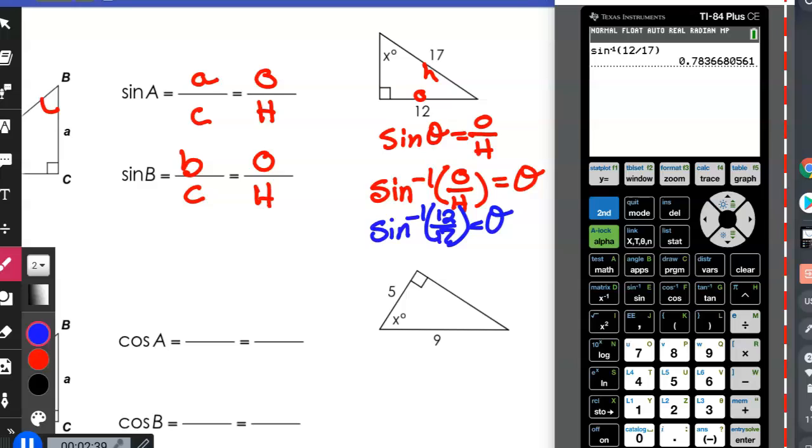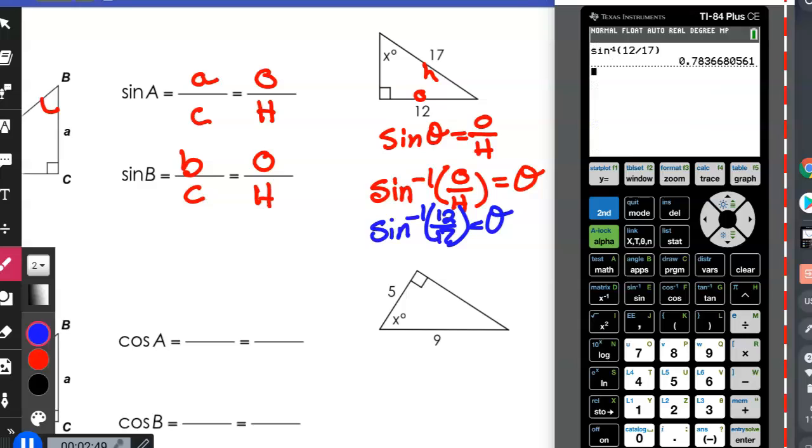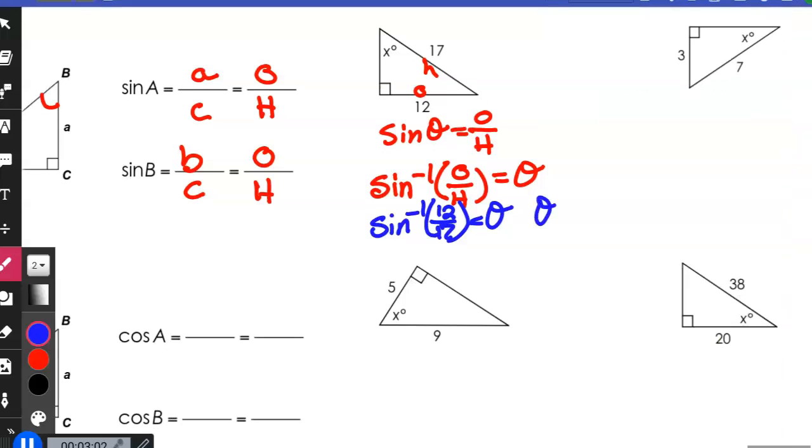This is not going to work, so I have to go to mode. Super frustrating. Okay, second quit. Now I'm going to go up and re-enter that data, and watch me get a different answer now that I'm in degrees. So our angle measure is 44.9. Not theta, x equals 44.9 degrees.